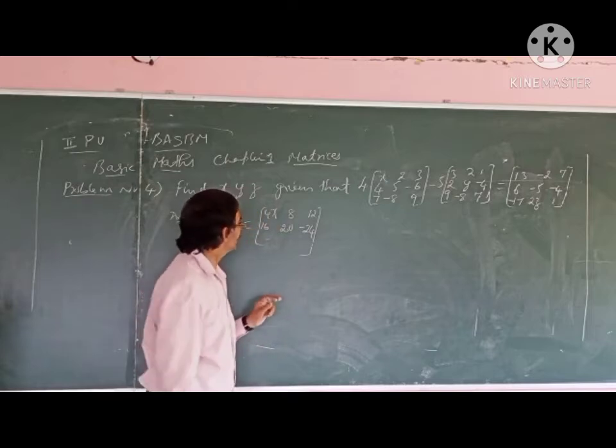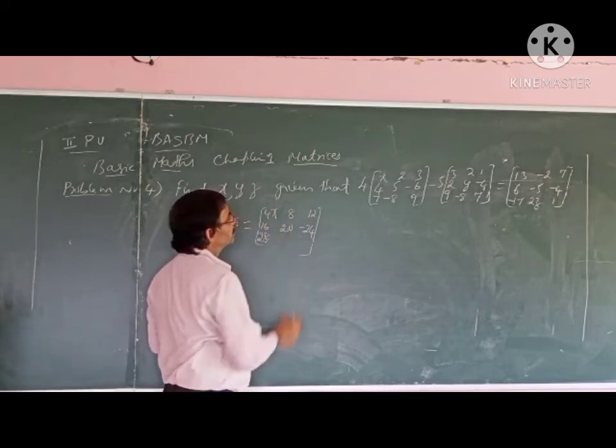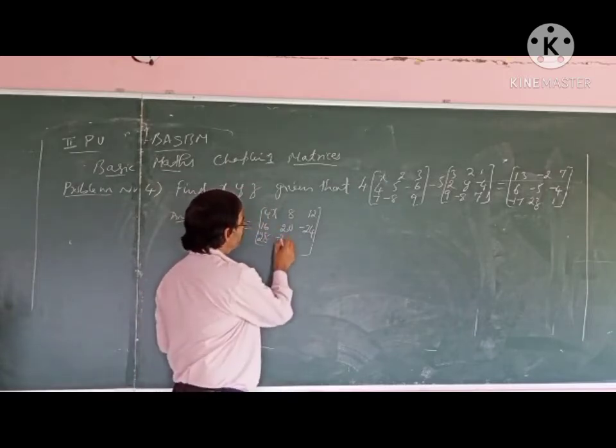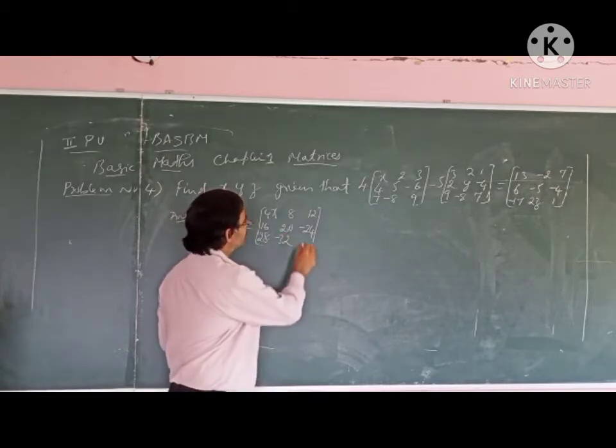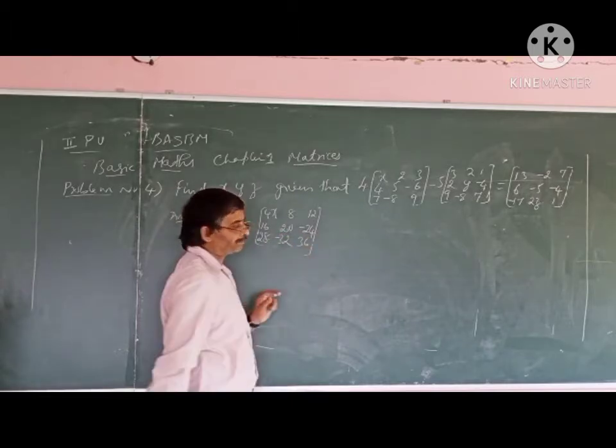Next, 4 into 7, 28. 4 into minus 8, minus 32. 4 into 9, 36.